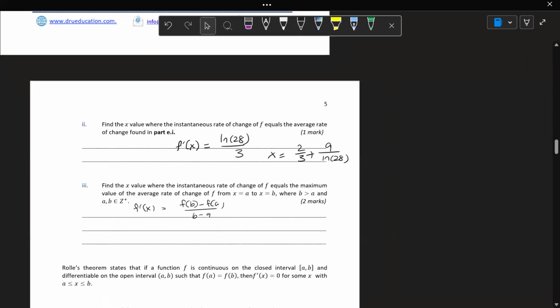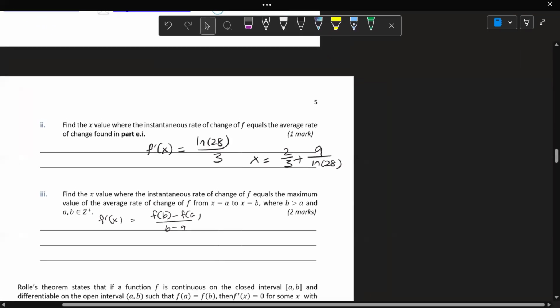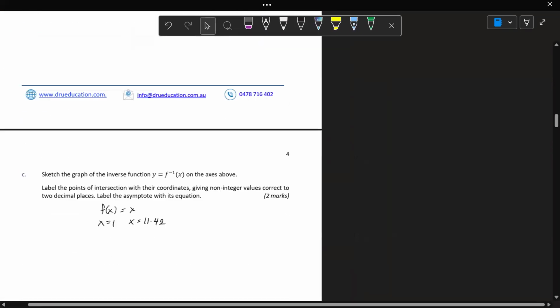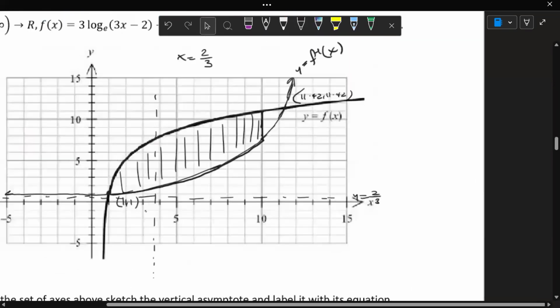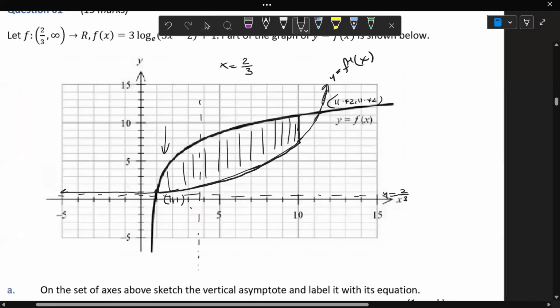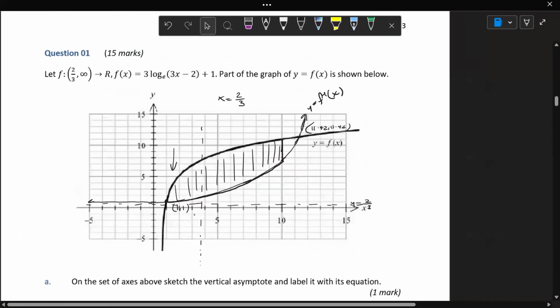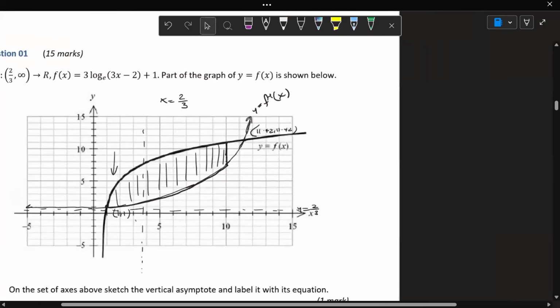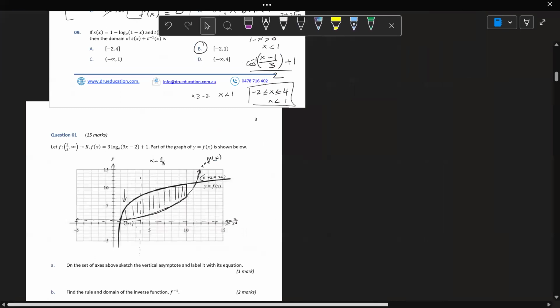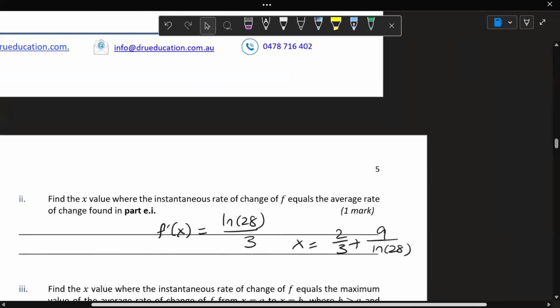All right, so the maximum value of the average rate of change happens right here. Because it's integers, you just want to find the two integers where it increases the most. And since it's a log function, it happens as close as you can get to the asymptote. So it's between 1 and 2 right here because you can see it's increased the most right here. So in this case, a and b are 1 and 2 respectively.